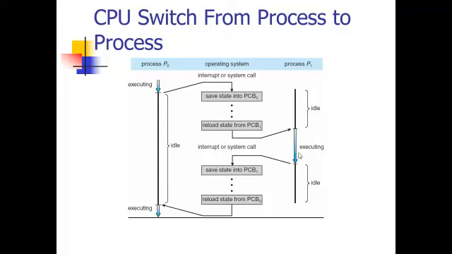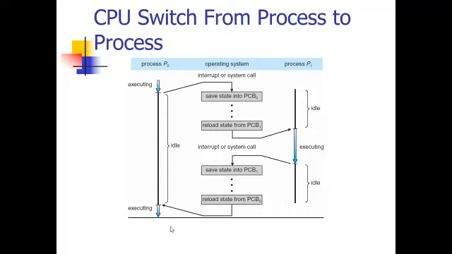After a while P1 will also stop. So when P1 stops execution, then the P1 state should be saved in PCB1, and then the CPU will switch back to P0. Then we need to load the necessary information from PCB0.